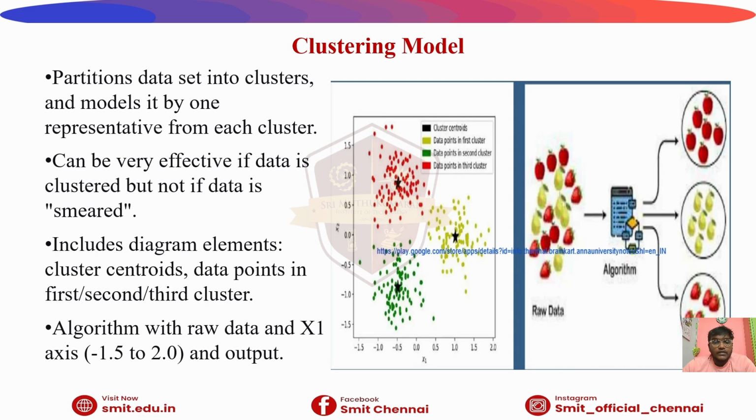When it doesn't work well, data is smeared evenly distributed without natural groupings. In the diagram, you will typically see cluster centroids, which means center points, and data points belonging to different clusters shown in different colors. Clustering is unsupervised learning. We don't pre-label the groups, we let the algorithm find them.